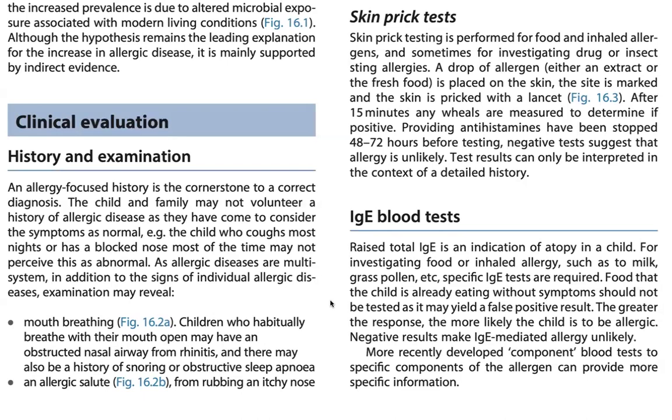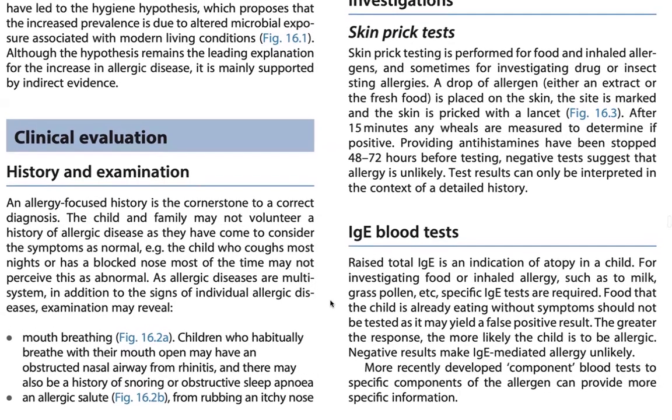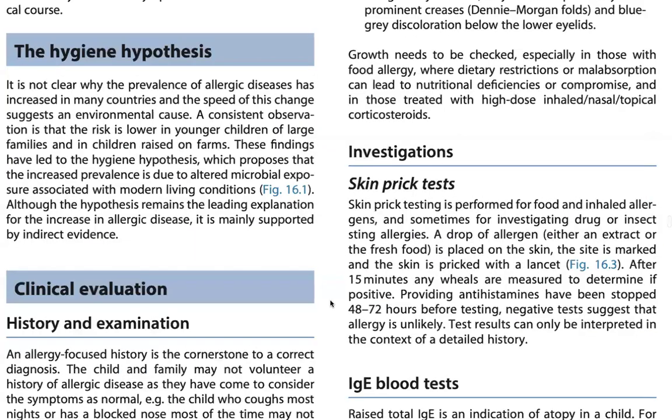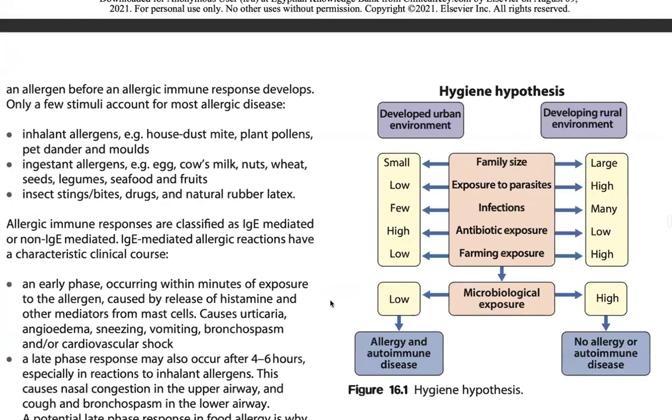Children who habitually breathe with their mouth open may have an obstructed nasal airway from rhinitis, and there may also be a history of snoring or obstructive sleep apnea. An allergic salute comes from rubbing an itchy nose.